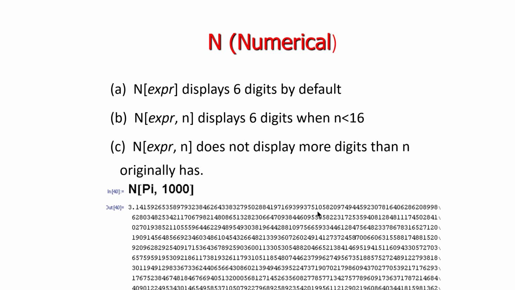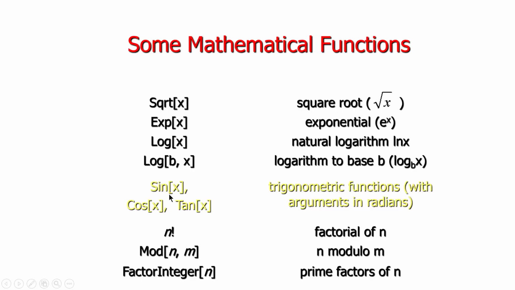Usually Mathematica gives answers to 6 digits, but if you want the value to more than 6 digits, then you can tell Mathematica. Here, if you are interested in finding the value of pi up to 1000 digits, you have to write N[Pi, 1000]. As you can see, this is the output of pi, the value of pi up to 1000 digits.